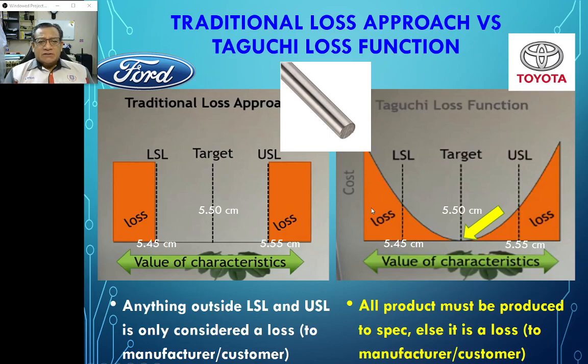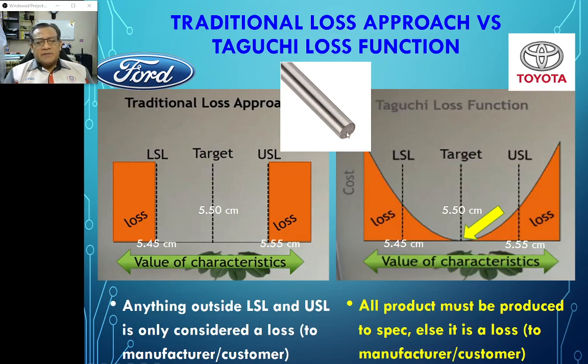Okay, so in the olden days, we used to measure quality function in this kind of diagram. For example, for the sake of the discussion, your company is producing this steel rod, right?